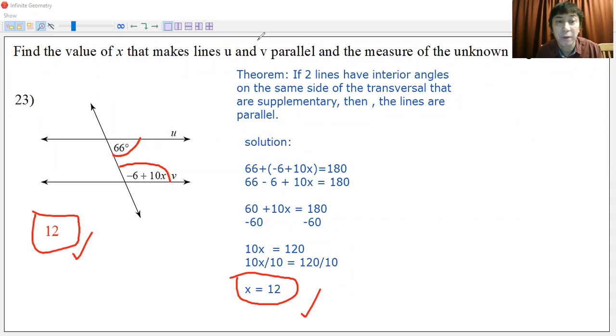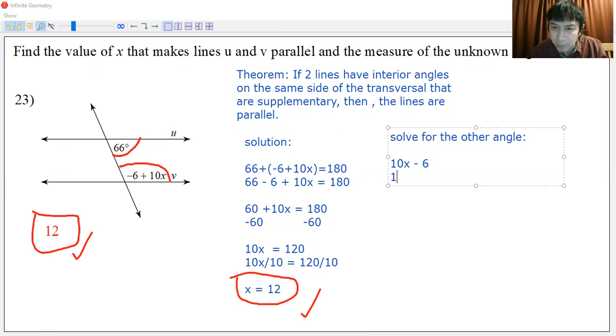All right, we compute now for the other angle. One of the angles is 66. Let's compute for the other angle. We have the other angle is expressed as -6 plus 10x. You can also write that as 10x minus 6. Same thing.